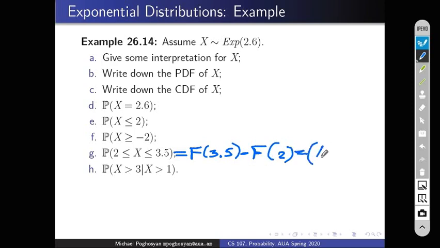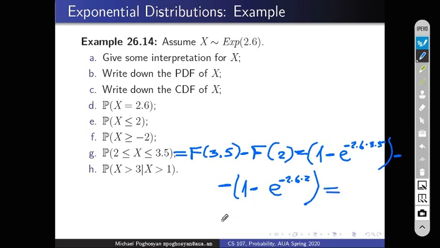So this is equal to 1 minus e to the minus 2.6 times 3.5, minus 1 minus e to the minus 2.6 times 2. And the 1 cancels. We will have just e to the minus 5.2 minus e to the minus 2.6 times 3.5. If you calculate this number, you will obtain this probability.